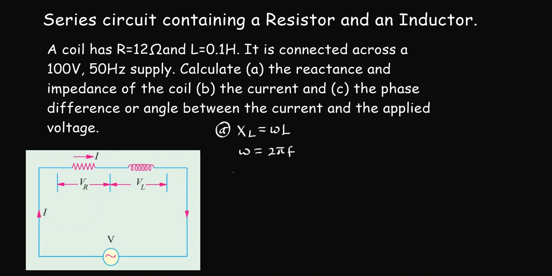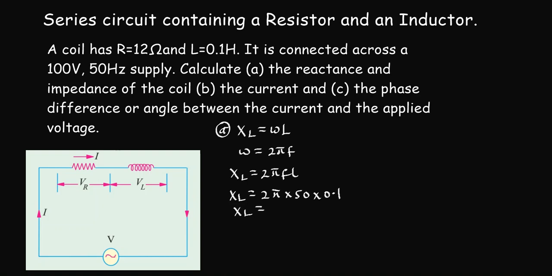So when you substitute this, XL is equal to 2 pi FL, which gives us the inductive reactance in ohms. From the question, the frequency is 50 Hz, so XL is equal to 2 pi multiplying 50 times the inductance, which is 0.1. Let's do this and see what we get for the inductive reactance.